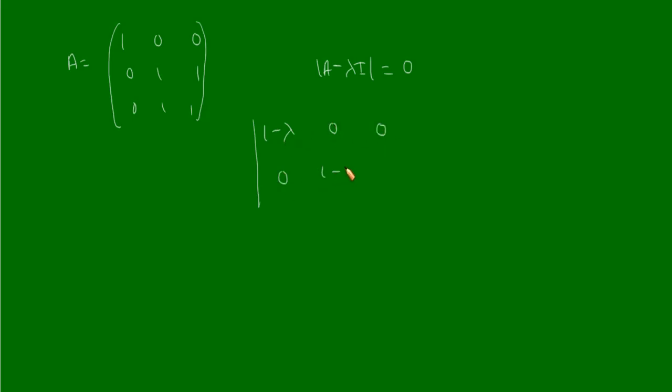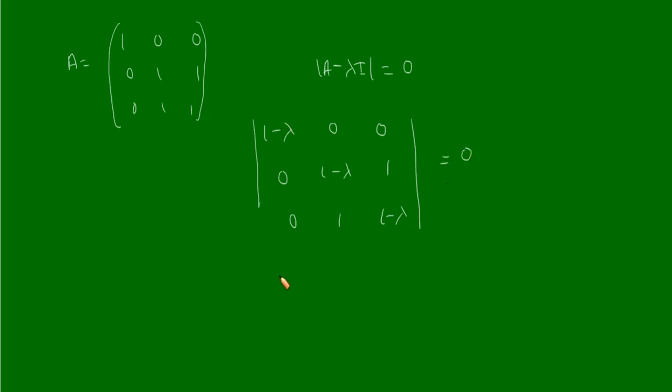Now let us find the eigenvalues and eigenvectors of a matrix. A is equal to [1 0 0; 0 1 1; 0 1 1]. So the characteristic equation here will be determinant of (A minus λ I) is equal to 0, that is the determinant of [1 minus λ, 0, 0; 0, 1 minus λ, 1; 0, 1, 1 minus λ] is equal to 0.